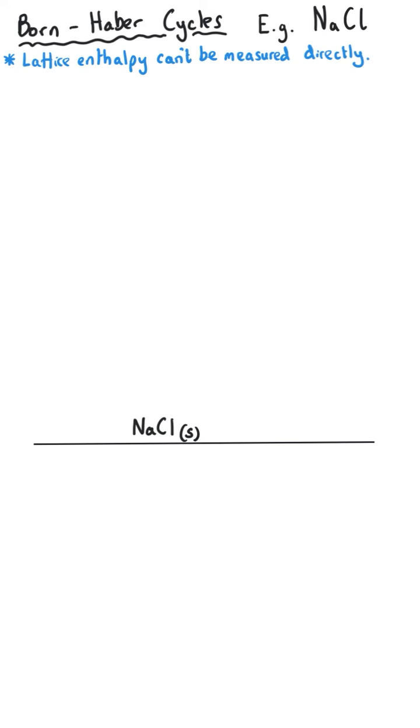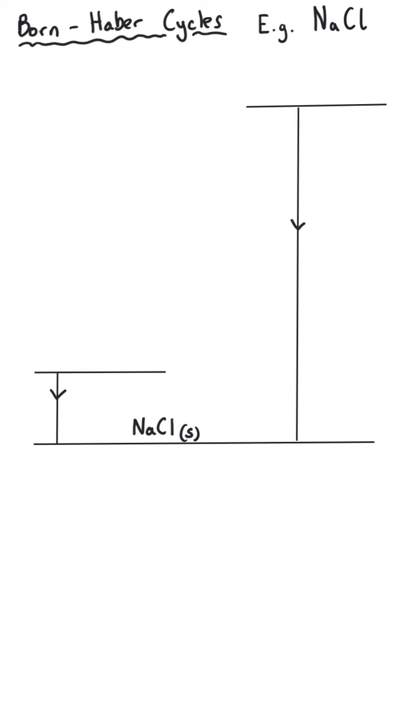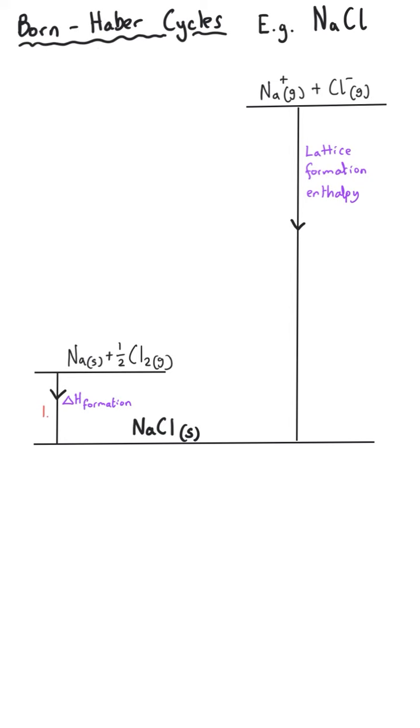We can make sodium chloride in two different ways. We can make it from its elements in the enthalpy of formation, and this is going to be enthalpy change number 1 that I'm going to write on the bottom left. Alternatively, we can make it from its gaseous ions, and that's going to be the arrow on the right-hand side. And this is the lattice formation enthalpy for sodium chloride.